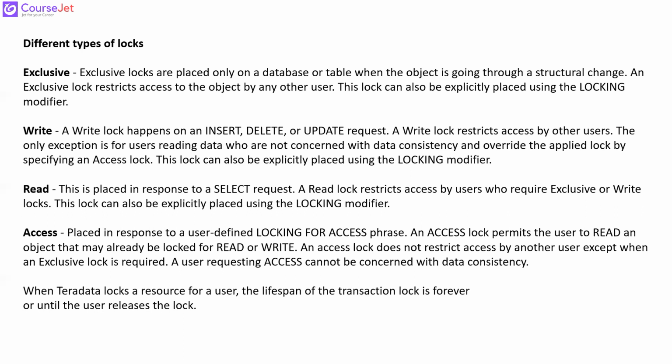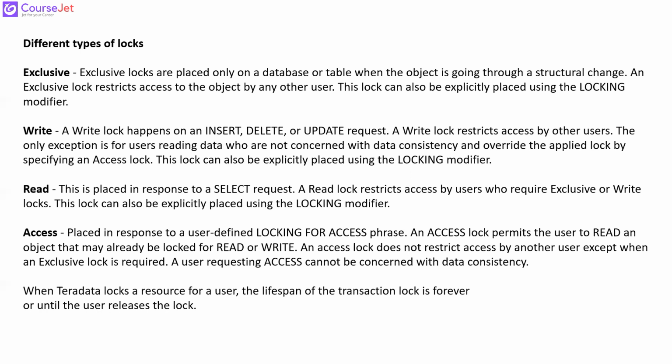And coming to the access lock, as we saw earlier, we can have this lock on the object explicitly. We can fire it through the query. An access lock permits the user to read an object that may already be locked for read or write.